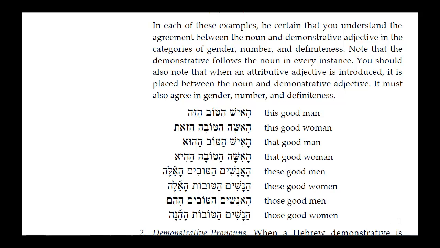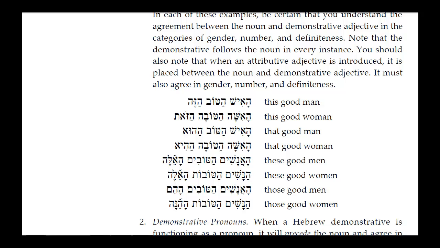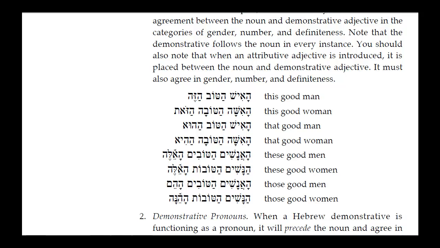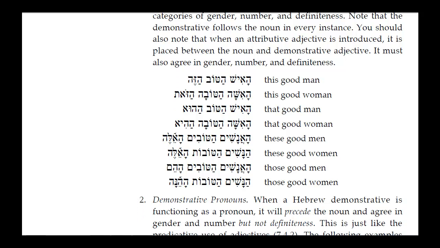So as we go down through here, we see that in word order the noun comes first. If there is an attributive adjective, it comes second, and if there's a demonstrative adjective, it will come after the attributive adjective. So we see how the demonstrative adjective, like the attributive adjective, agrees with the noun in gender, number, and definiteness.